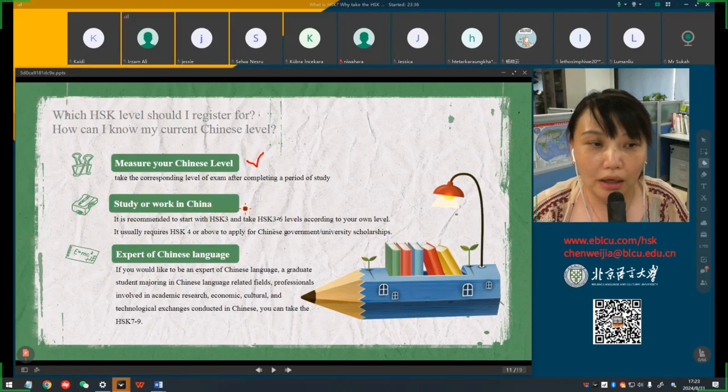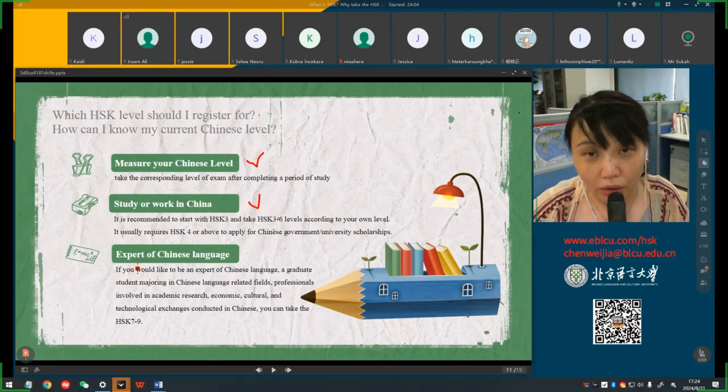Second purpose, if your goal is to study or work in China, I usually recommend to start with HSK 3 and take HSK 3 to 6 according to your own level, because it usually requires HSK 3 or 4 or above to apply for Chinese government or university scholarships here in China.